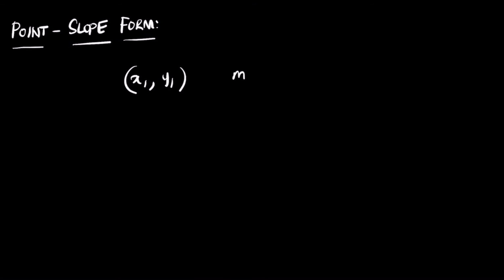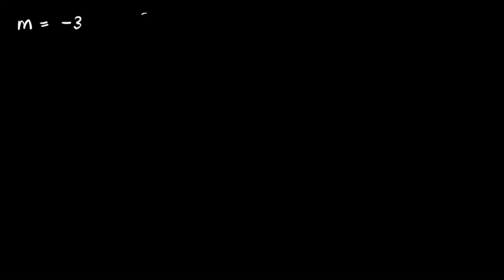Right, so it's given by y minus y1 equal to m into x minus x1. So let's take a simple example. So let's say you have a problem where the slope is negative 3 and the point is 4 comma 8.